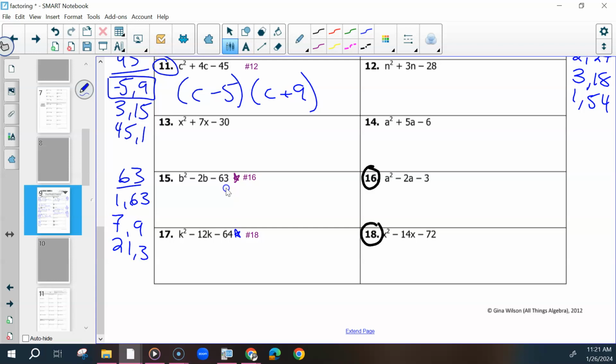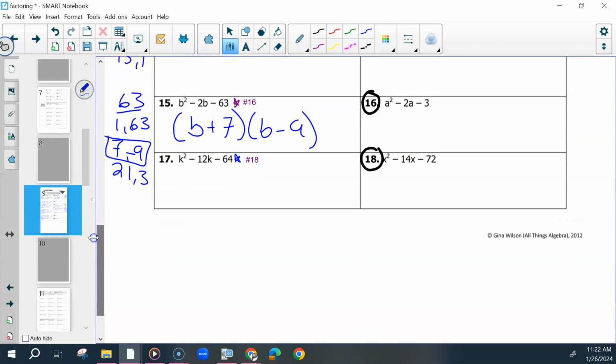Okay, just like the ones we were just doing, one of them has to be negative. But it is 7 and 9. Would negative 7 plus 9 give us negative 2? It would be 9, so it switches. One of them has to be negative, but now it's the bigger number. So b plus 7 and b minus 9. The bigger number is going to be the one that is negative.